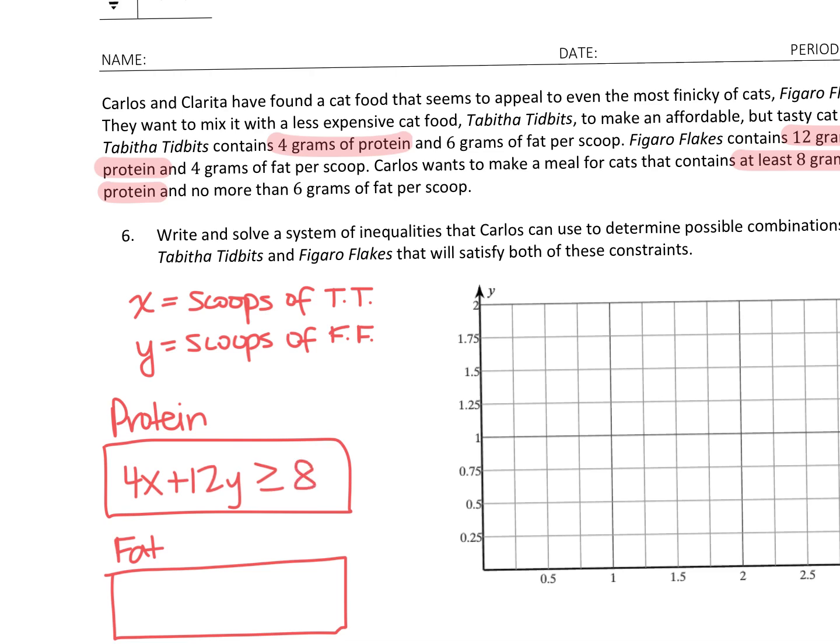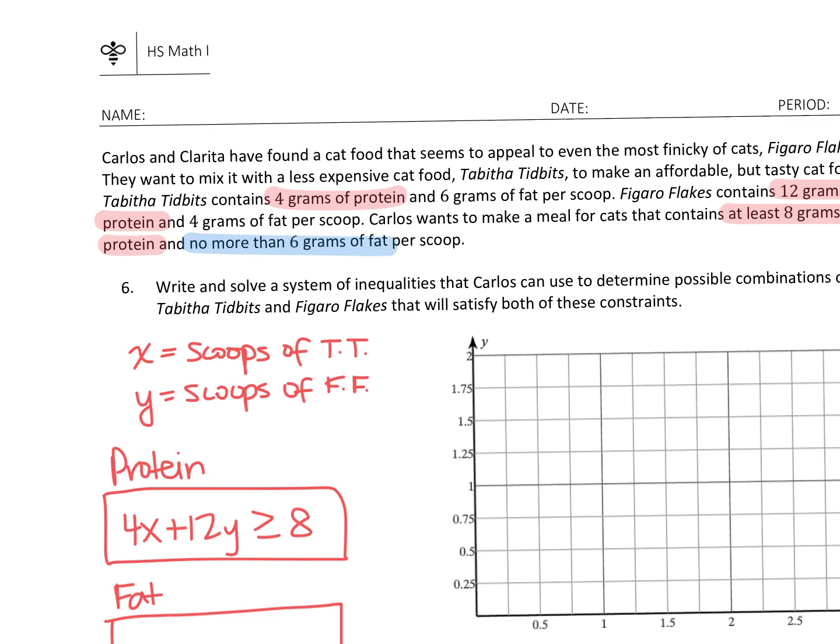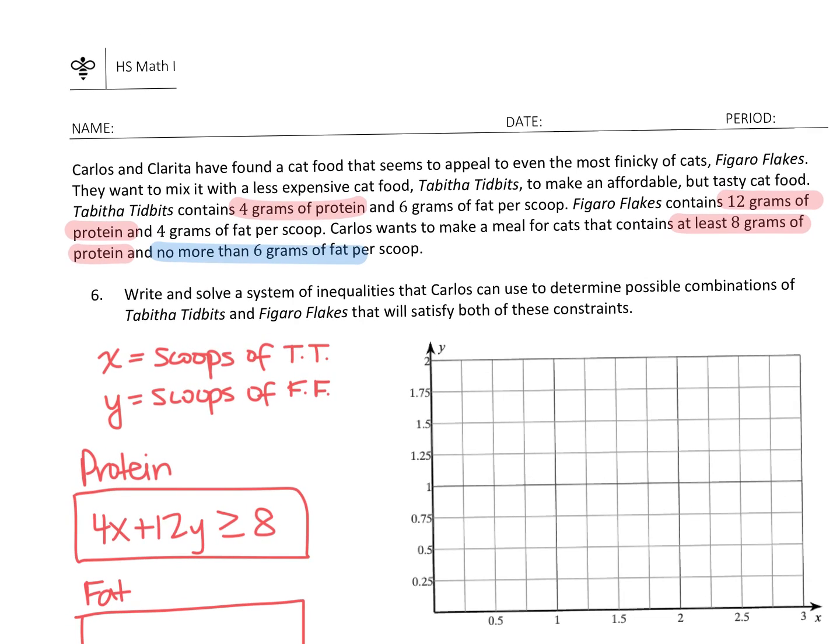Now I'm going to highlight anything that has to do with fat. So no more than 6 grams of fat. Tabitha Tidbits has 6 grams of fat, and Figaro Flakes has 4. Let's fill that one in.